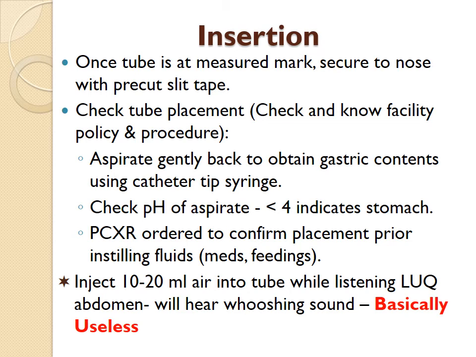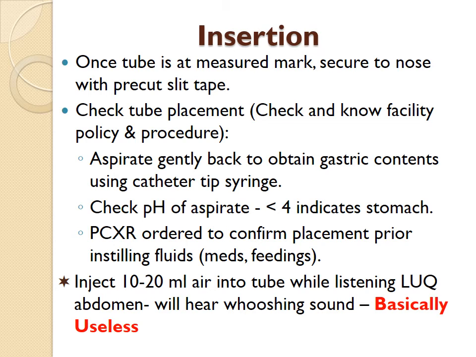If it is, now I have less than 4 on here, your book says less than 5, chances are it is in the stomach. Also, if it looks golden or bile colored, if it is green, we don't want to see it as red or brown, coffee ground colored, because then we're looking at fresh blood or old dried blood.